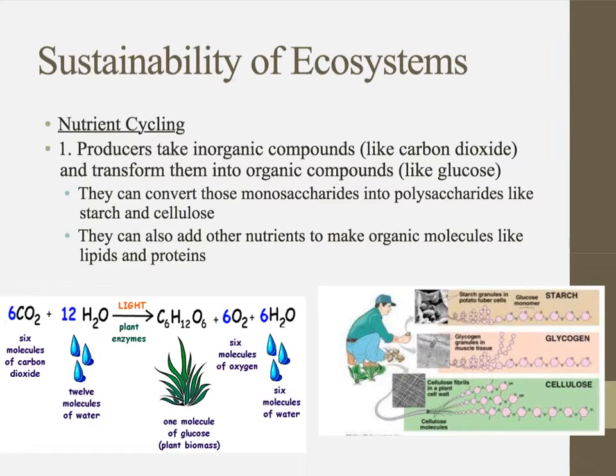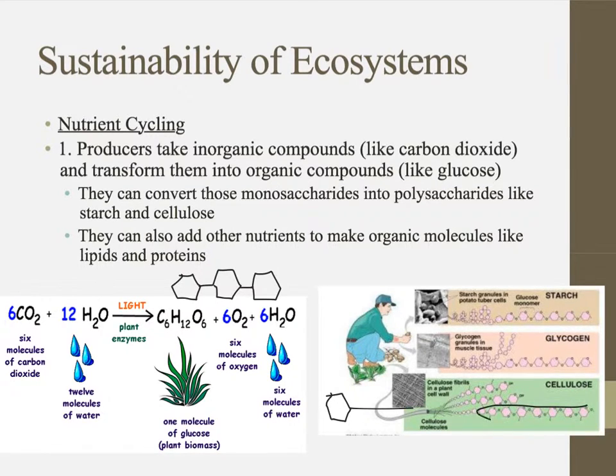Now, they can take that glucose and use it for something, or they can hook those little monomers of glucose together. So remember, glucose looks like this. They can bond them together to make all sorts of things. If plants need to make a structure like their cell wall, they're going to take glucoses and turn them into cellulose.